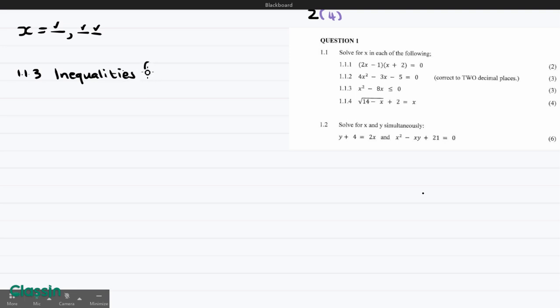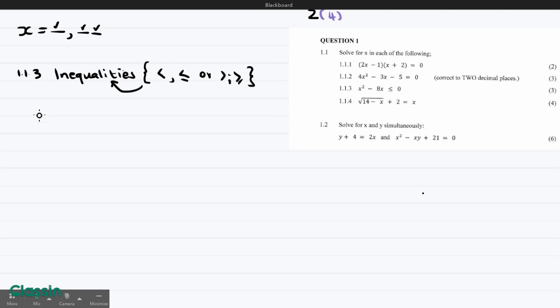So the inequalities, where do we see them? Less than or equal, greater than or equal. So all in all, what are they asking us? Or we are working with inequalities.